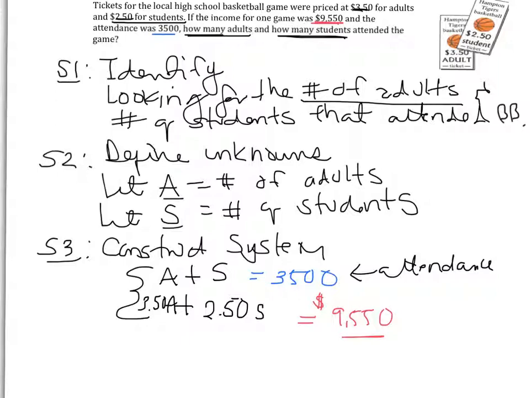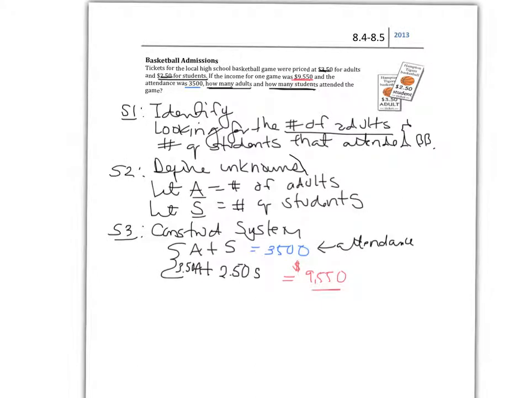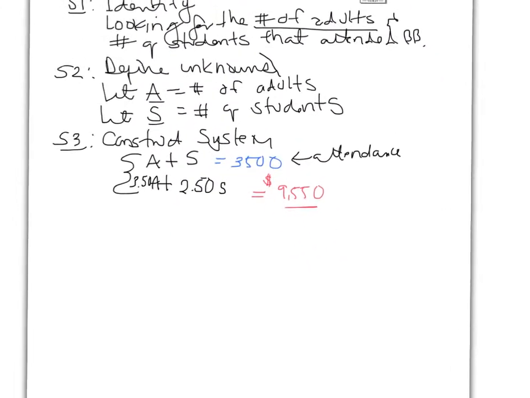And now we want to solve this system. Again, it doesn't matter what method you use as long as you solve it correctly. I think I'm going to use addition here. You could use substitution, but just because the last one was substitution, to give you some practice. So step 4, that's the solve part.